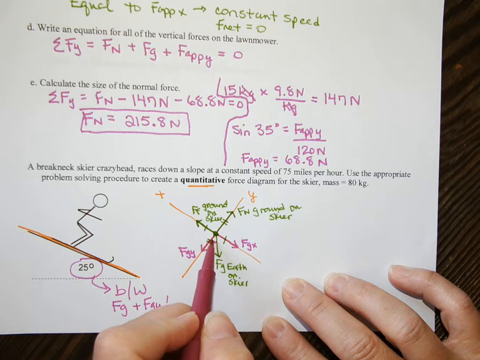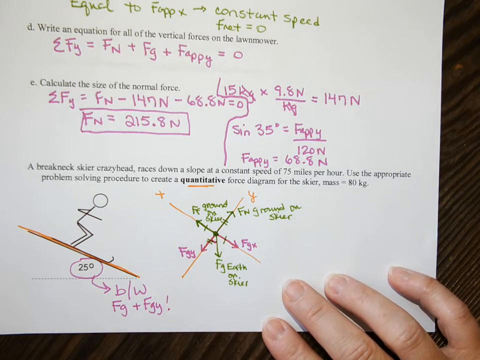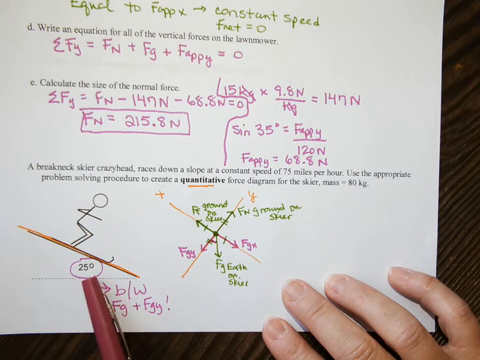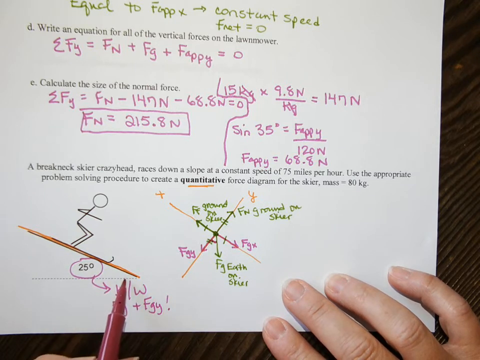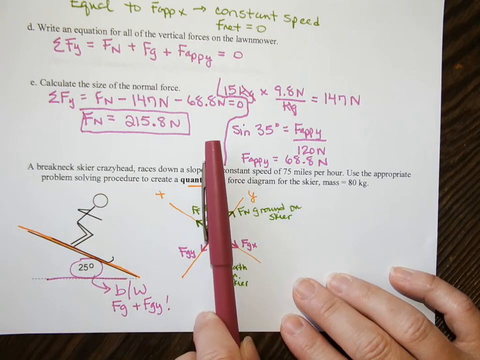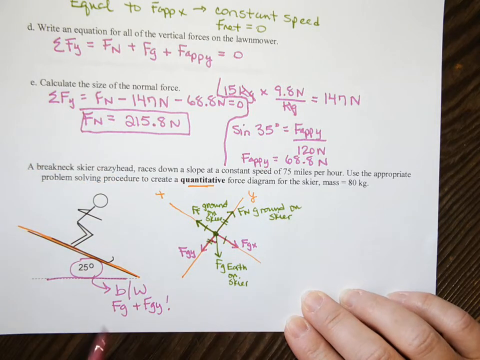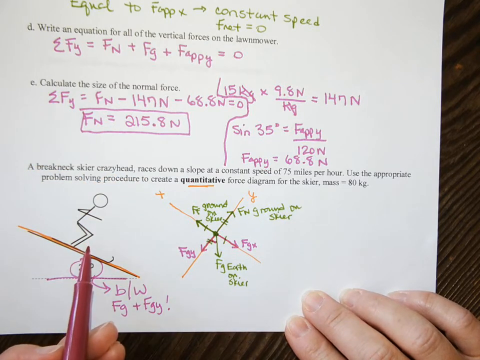So my 25-degree angle is going to be right there. What happens is, if this angle was 0 and the skier was flat on the ground like here, the y-axis would be here and the x-axis would be here. But we've lifted the skier up 25 degrees.